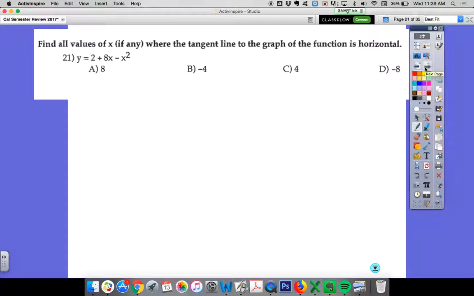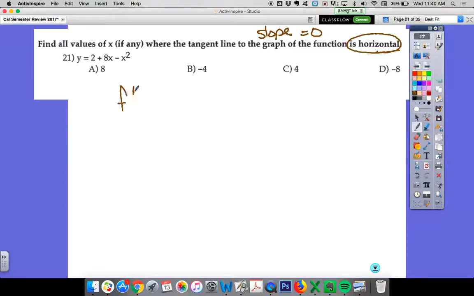All right, let's see here. Find all values of x, if any, where the tangent line to the graph of the function is horizontal. Do you know what that is? If it's horizontal, what's the slope of it? 0. So we're saying, where's the slope 0? What did we just finish saying the slope was? The first derivative.